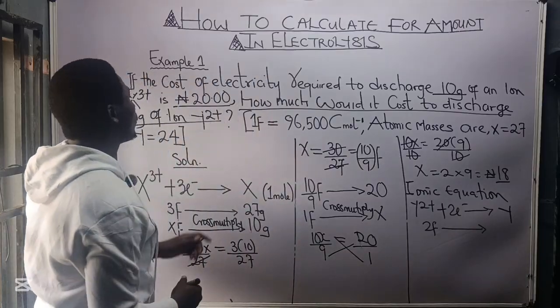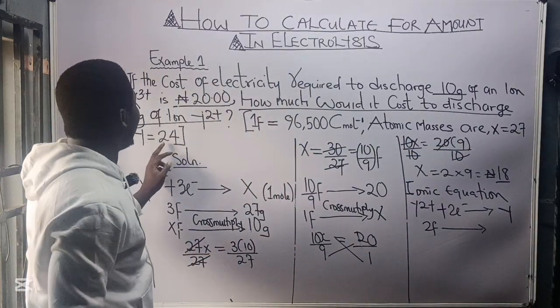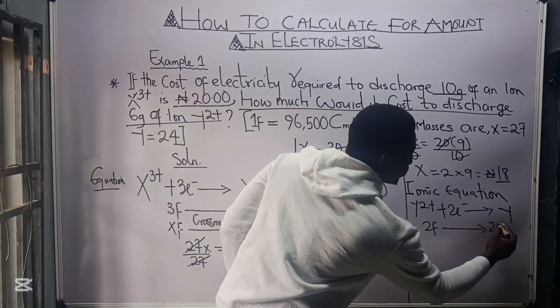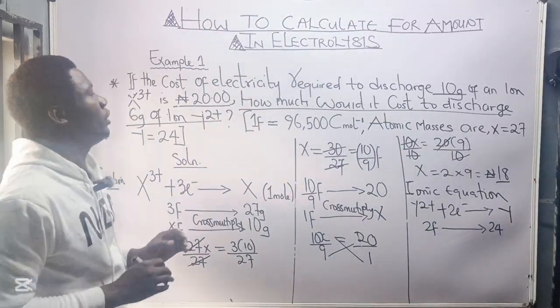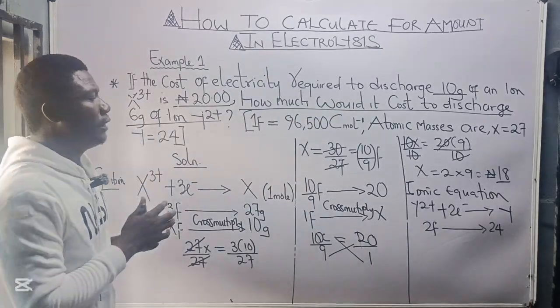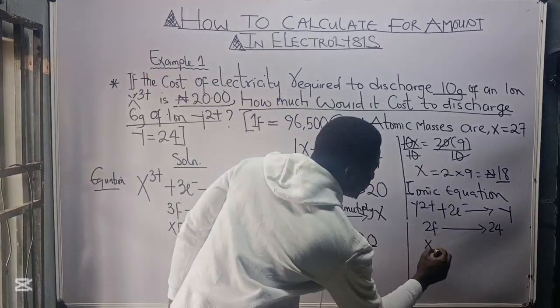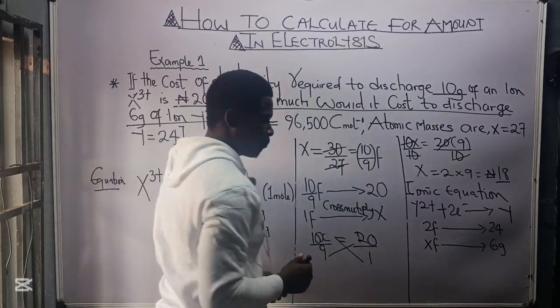Do you understand? So if I write 2 Faraday gave us the atomic mass. And what's the atomic mass of y? They said that x is 27, but y is 24. So that will give us what? 24. Do you understand? So according to the equation, you say how much will it cost to discharge 6 grams? So we'll simply say that which Faraday will give us 6 grams?